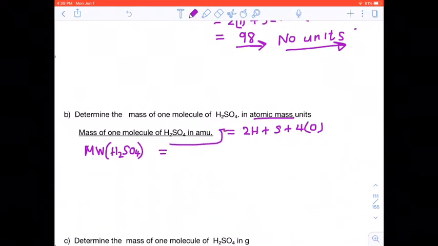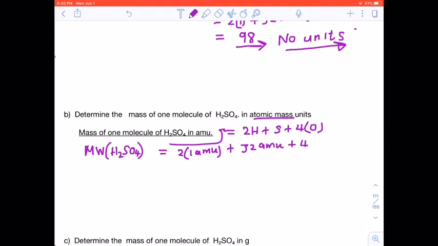We write the numbers in, so it's 2 times 1. Because we're dealing with atomic masses, we say 1 atomic mass unit plus sulfur is 32 atomic mass units plus 4 times 16 atomic mass units.